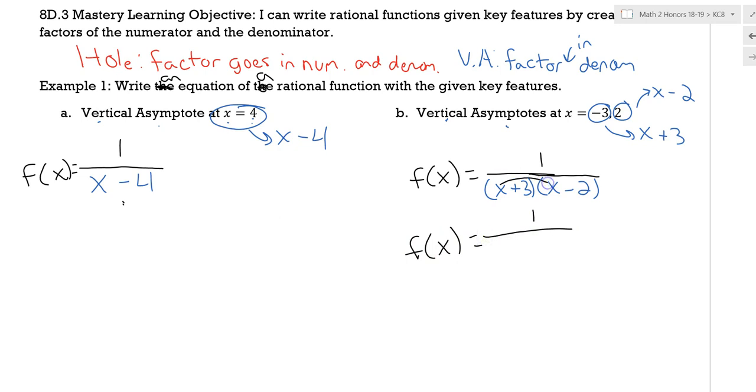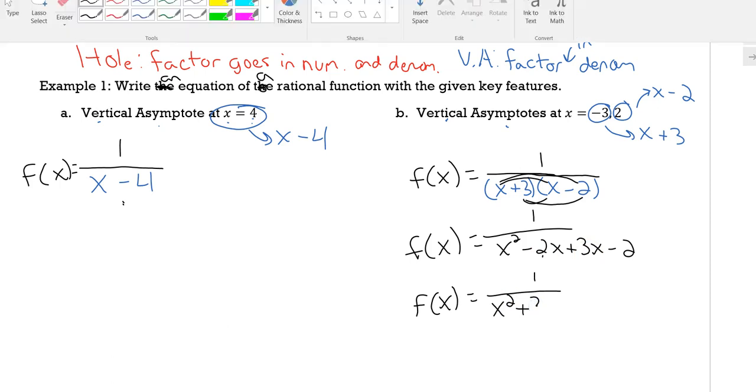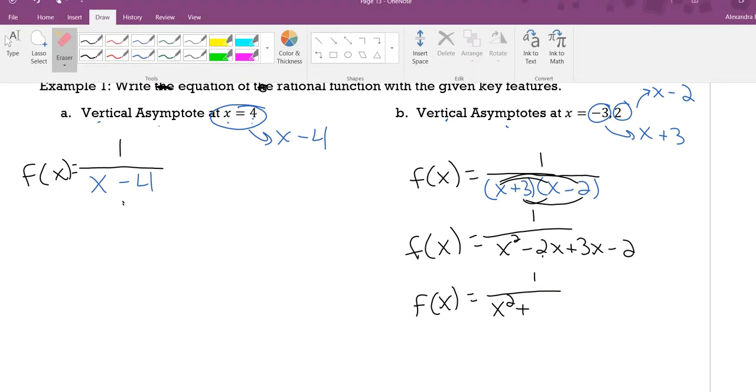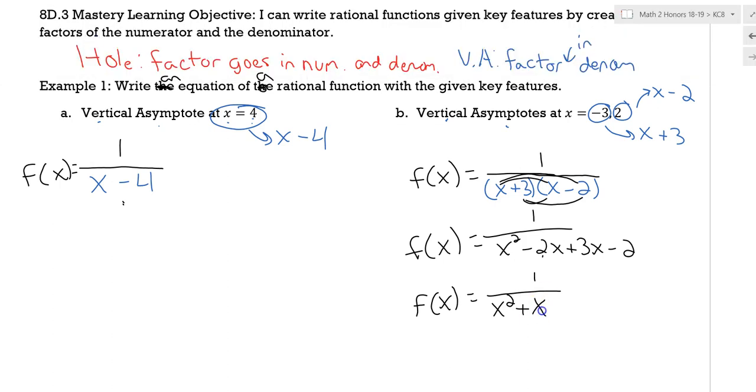So I have x squared minus 2x plus 3x minus 2 times 3. Negative 2x plus 3x is plus 1x, so plus x.